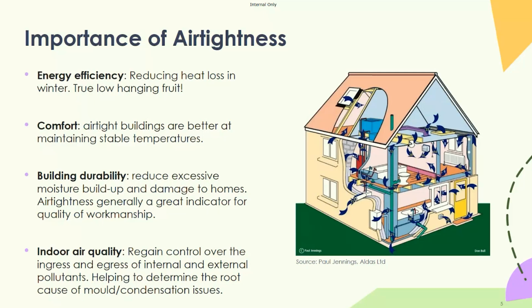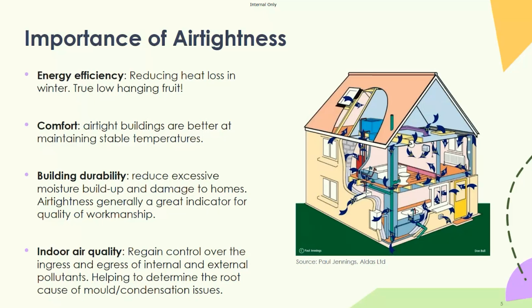You don't quite know where it's coming from, but there's air movement from somewhere, and there's a temperature difference between your toes and your head. Even though you've got all of this insulation, air movement is still a cause of discomfort, and that will be down to air leakage or the air movement bypassing the insulation somewhere.